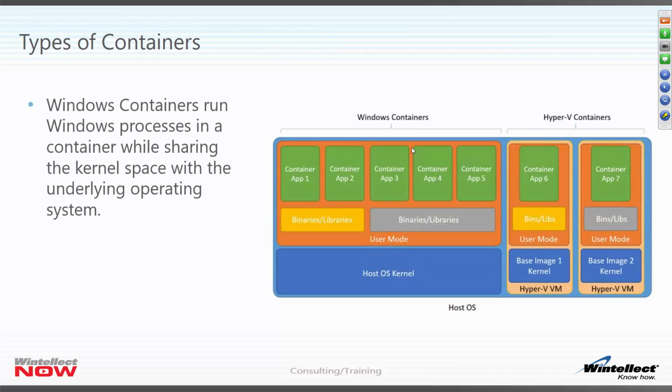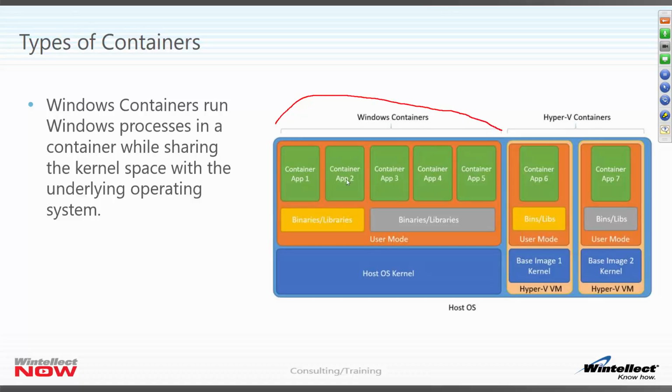So let's talk about the different types of containers that you can use on Windows Server. The first kind you can use on a Windows server is what they call a Windows container. Now, a Windows container runs Windows processes in a container while sharing the kernel of the underlying operating system. So if you look at this diagram on the right here, we're talking about this side right here.